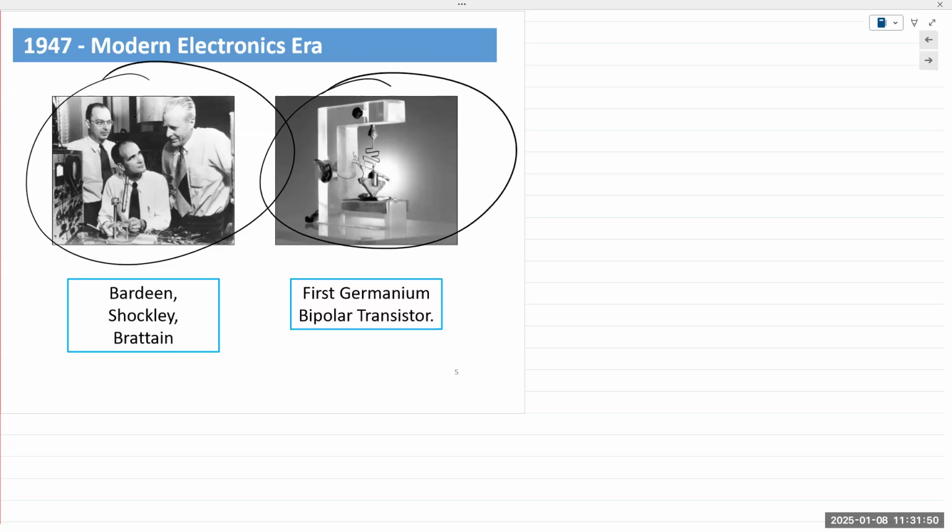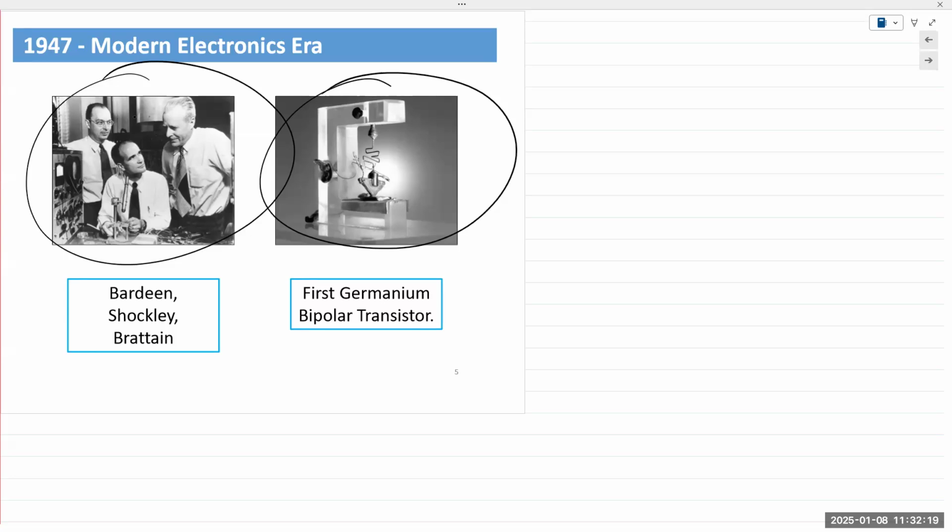And a few years later, they were awarded the Nobel Prize in Physics for this invention. I believe Bardeen was either the first or the second to win two Nobel Prizes.